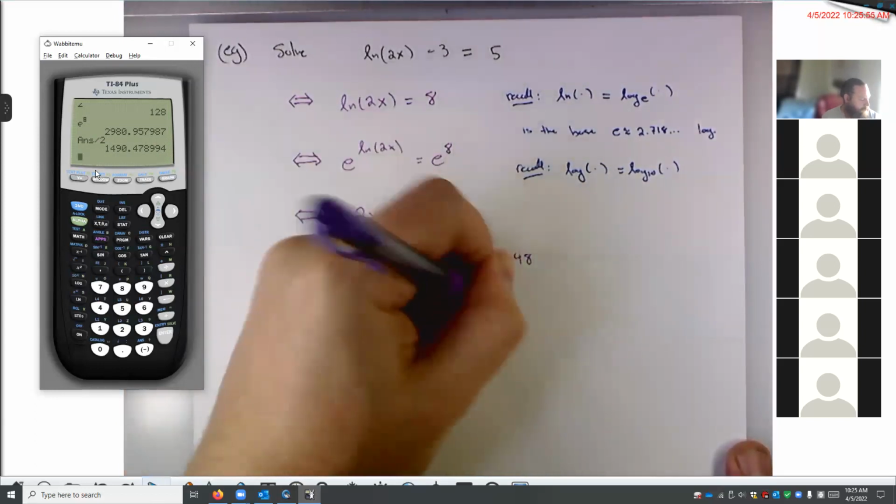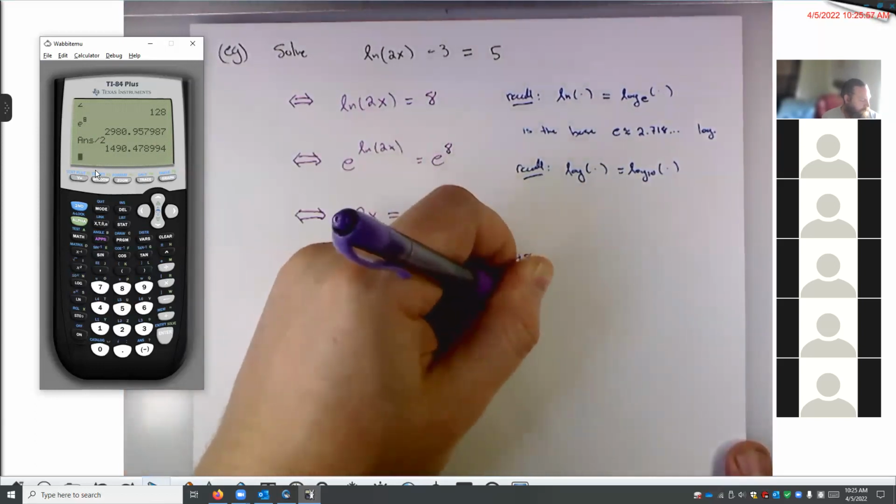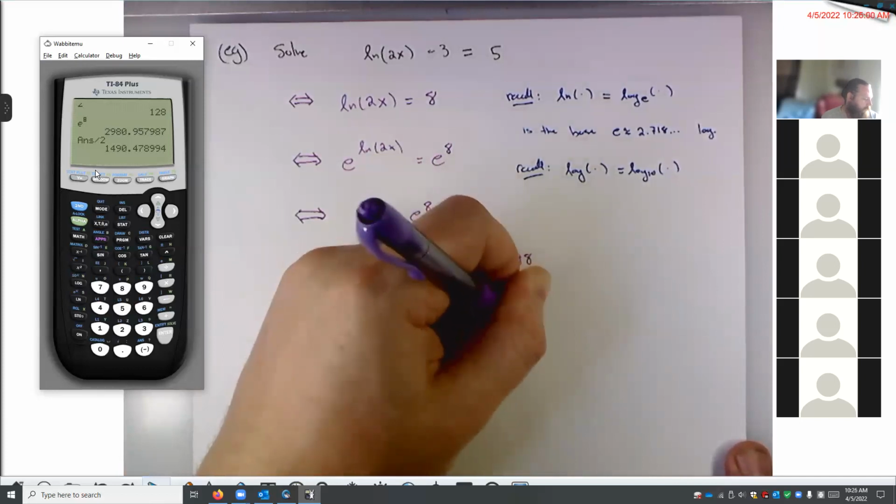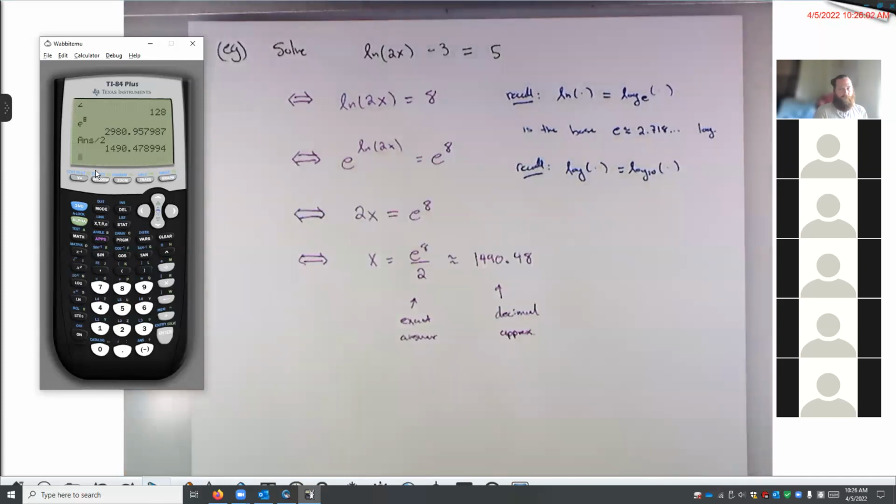This would be your decimal approximation. Questions on any parts of this? Notation, steps, algebra, anything?